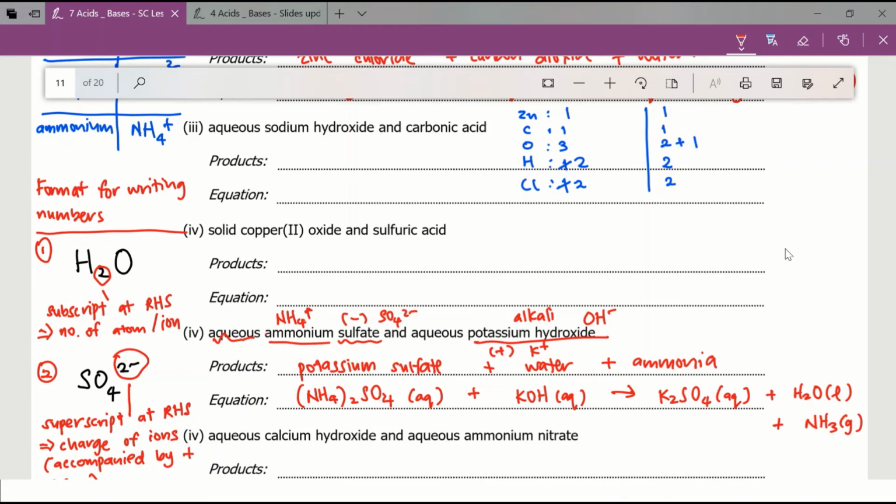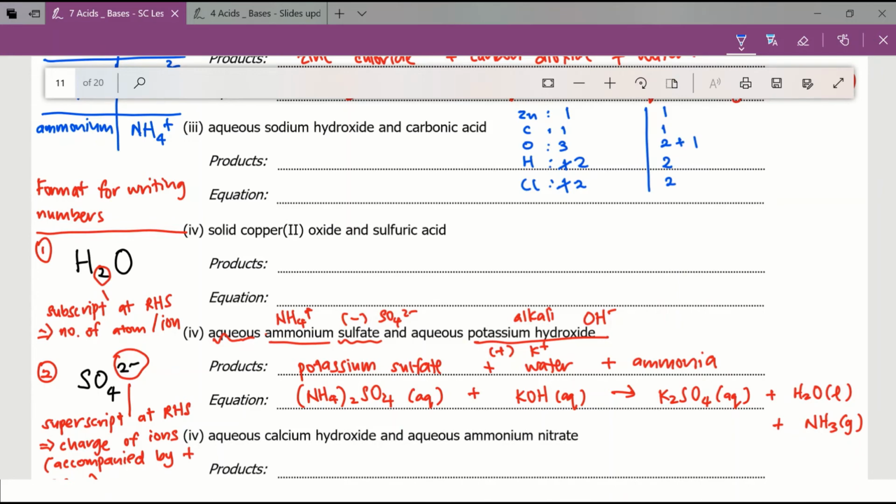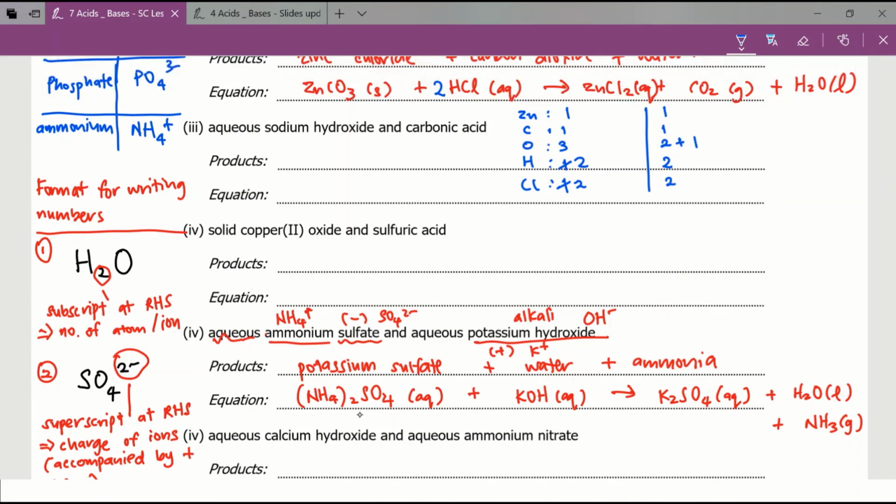Okay, so first step to balancing equation, please always check if there are common molecular ions that are present. The common molecular ion that is present over here will be sulfate. If there is a common molecular ion, please just balance them as one set instead of splitting them up.